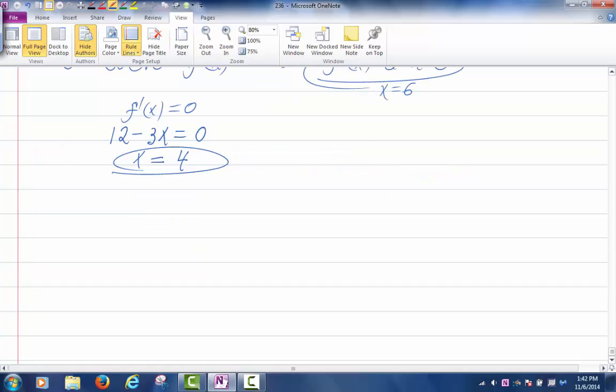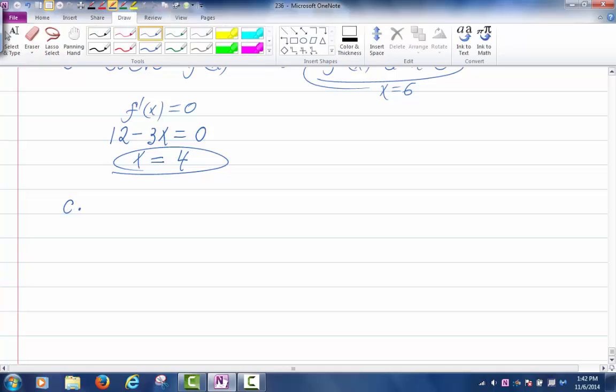And now, what's the third step to find where the function is increasing and decreasing? Well, you are going to sketch the domain, and come up with the sign graph of the derivative function. So here is, let's say, 6, and the domain is from negative infinity to 6, so that's the domain I draw.